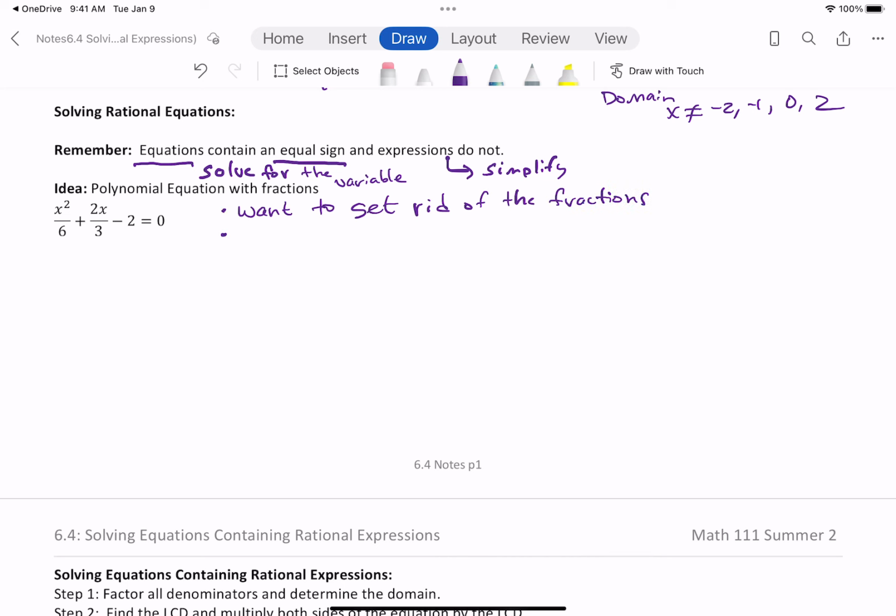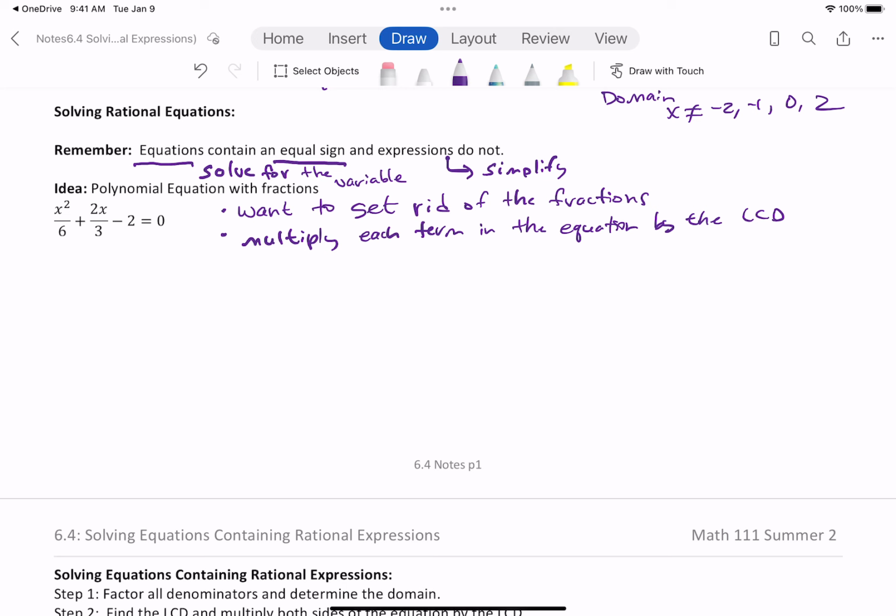And the way that we do that is to multiply each term in the equation by the LCD. And remember, we can do that now because it's an equation, so we've picked up the properties of equality.